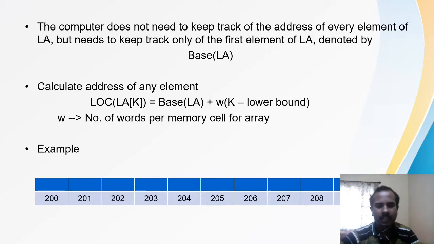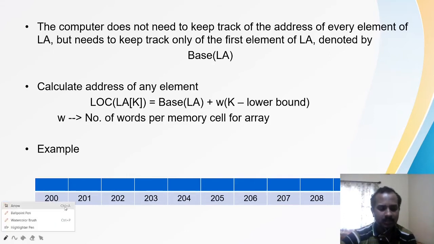Now let me take one example. See here, this is how your memory will be. This is 200 memory allocation, this is 201, 202, 203, 204, 205, 206, 207, 208, 209, 210. Now let me consider this is the first index. That means lower bound is 1.